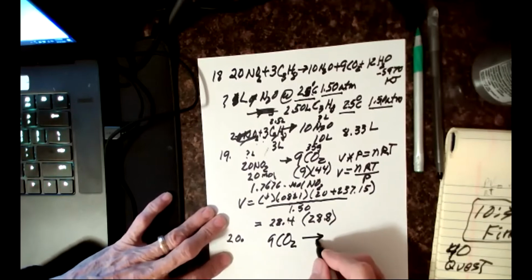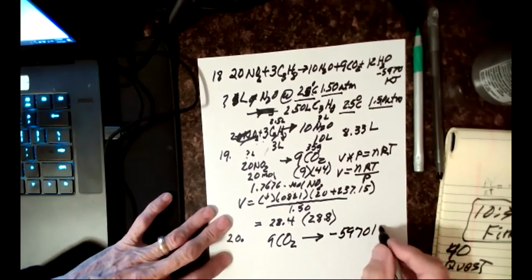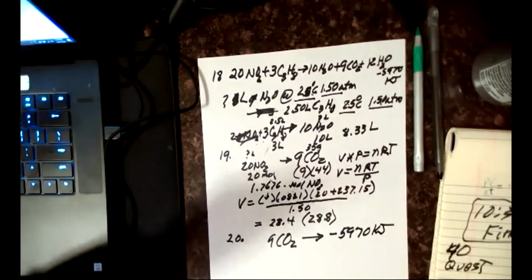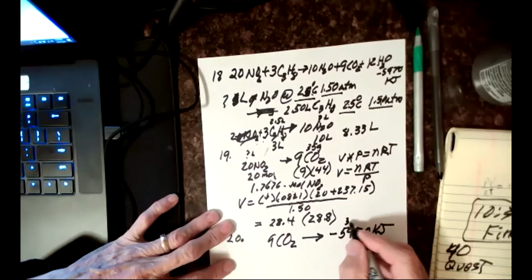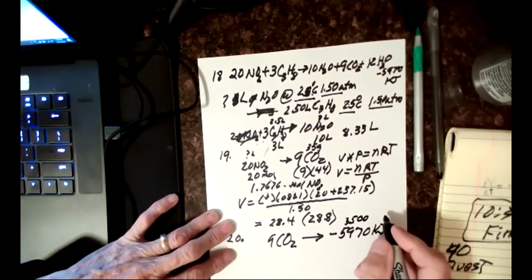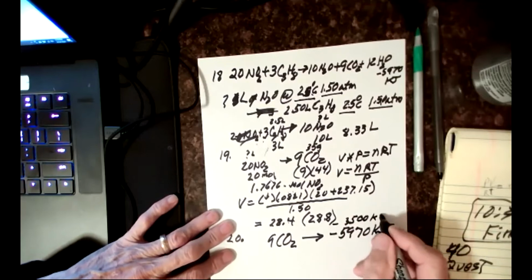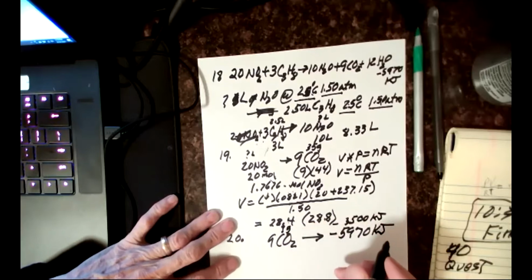If that reacts or was formed, the heat involved was minus 5970 kilojoules. And we have 3,500 kilojoules in the reaction, and it was produced, so it's a negative 3,500 kilojoules. And we want to know how many grams of CO2 would have been produced.